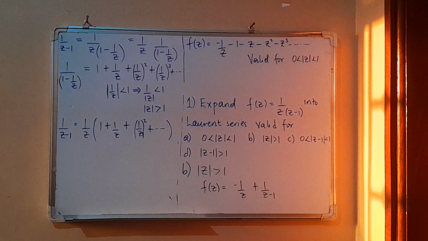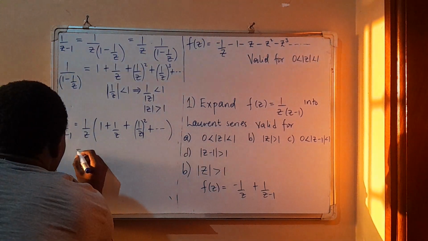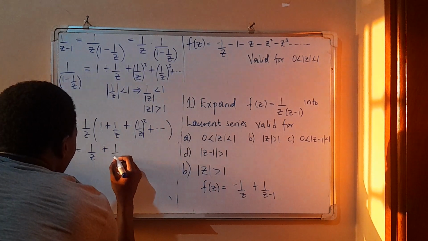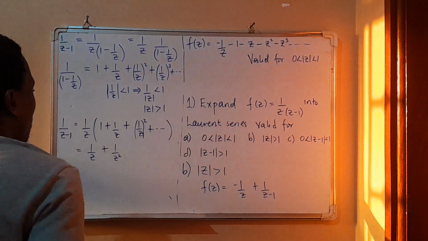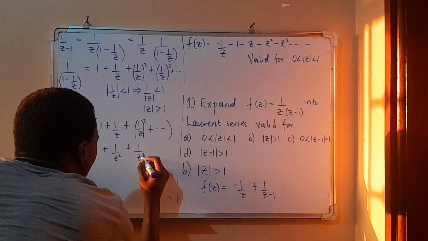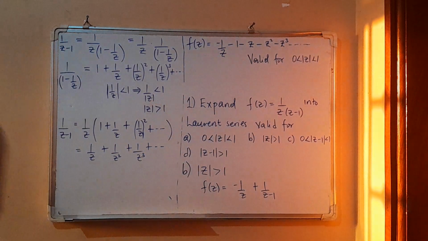We can also open brackets. This is equal to 1 over z plus 1 over z squared plus 1 over z to the 3 plus... Substitute back.